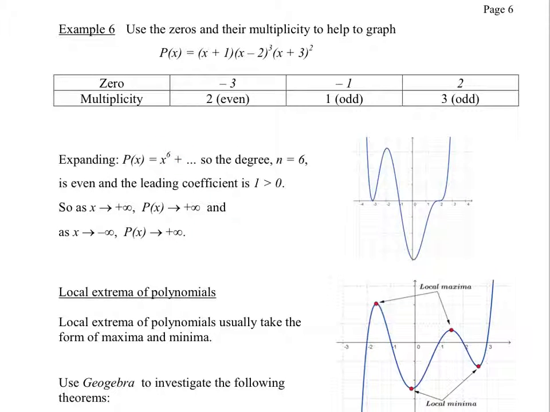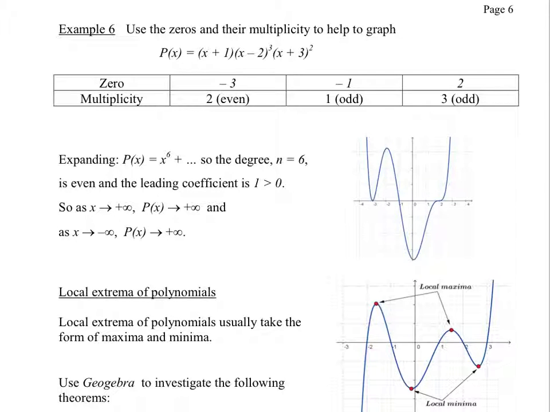We'd end up with a polynomial that would be x to the power of 6, and so on. If we're graphing something that starts with x to the power of 6, where the leading coefficient is 1, a positive number, we have something that effectively starts at the top left and ends at the top right. So the end behavior starts top left, ends top right.